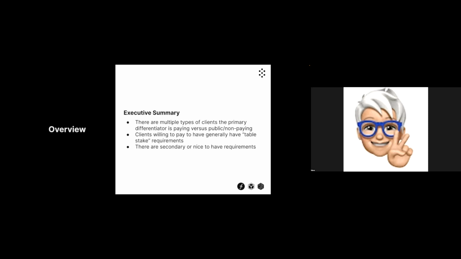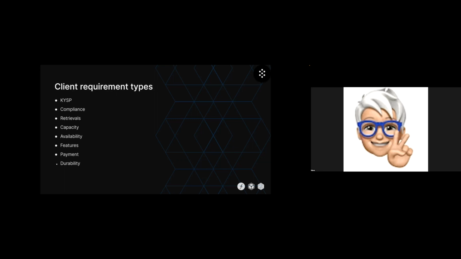So the requirement types fall into essentially these buckets, if you will. Know your SP, compliance, retrievals, capacity, availability, features, payment, durability. My guess is none of these are a big surprise.